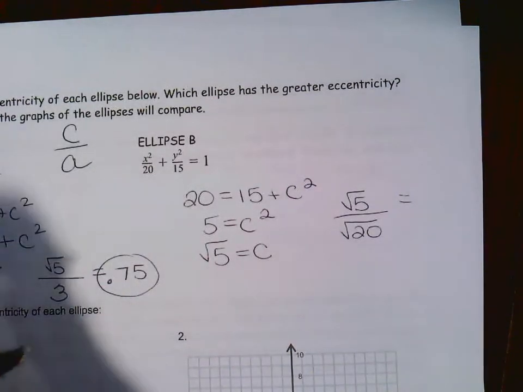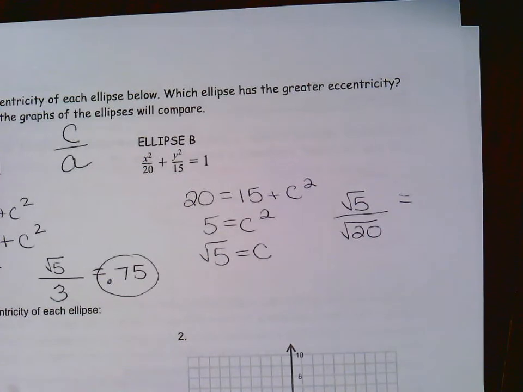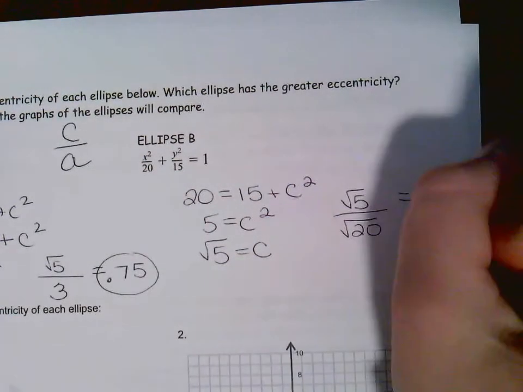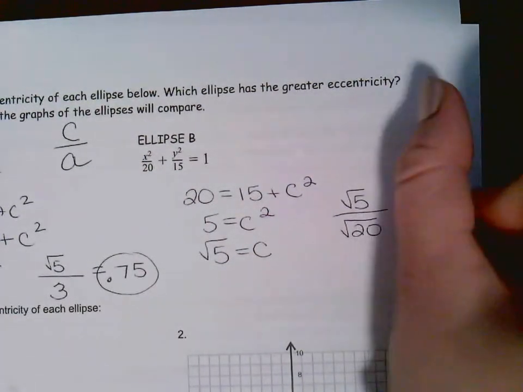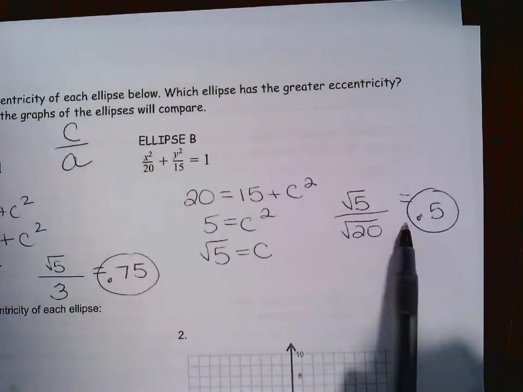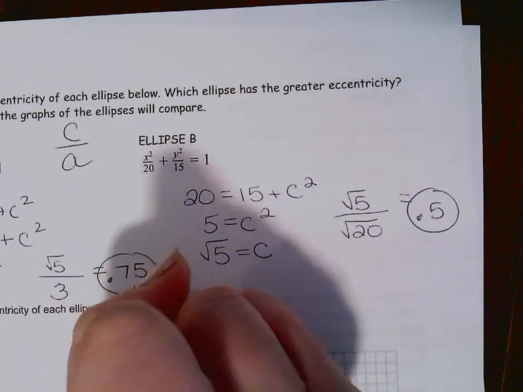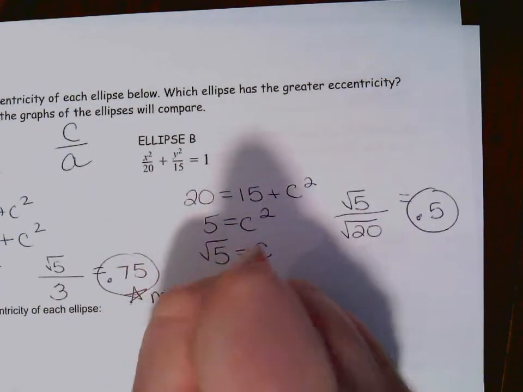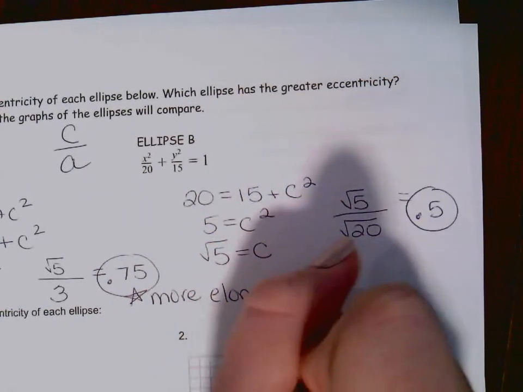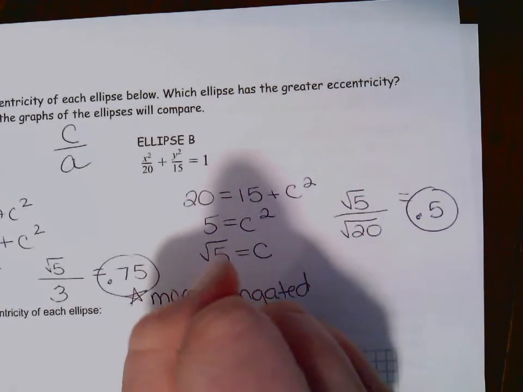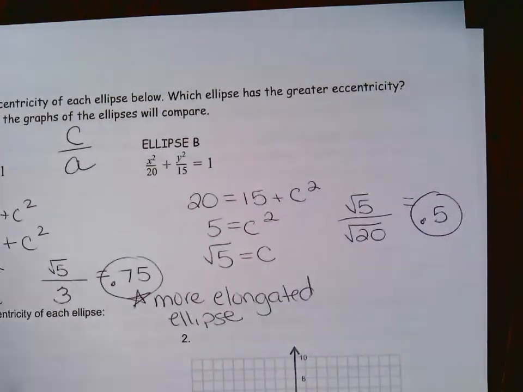The square root of 5 divided by the square root of 20 is 0.5. Which eccentricity is larger? The 0.75. So this is going to be the more elongated ellipse, more elliptical, closer to 1.